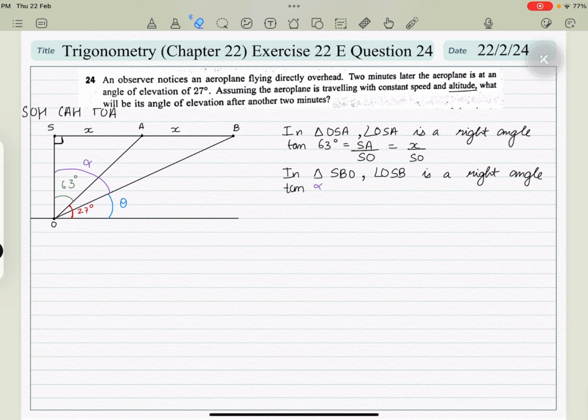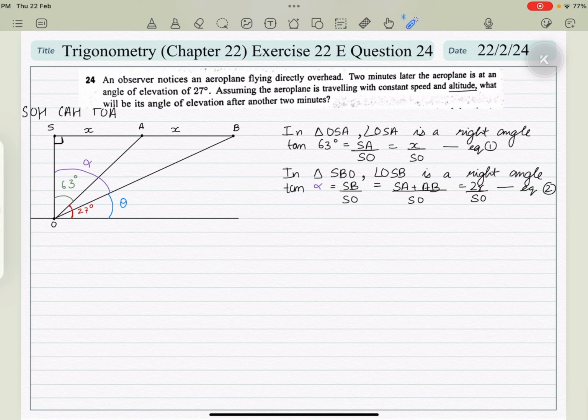So tan alpha is equal to opposite upon adjacent. Opposite is SB, adjacent is SO. SB is equal to SA plus AB upon SO, that is 2x upon SO. Now let's name the first equation 1 and this equation 2.